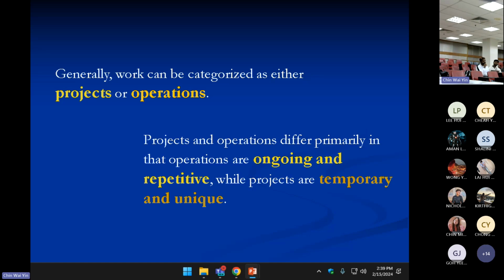Receive payment, issue payment, receive payment from students, and so on. Every department does their work repetitively as long as the company is a going concern. So the operations of a company are ongoing and repetitive, whereas projects are temporary. They have a start date, end date, and are also unique. The project is unique, like your group assignment project. All groups are doing the same group assignment project, right?